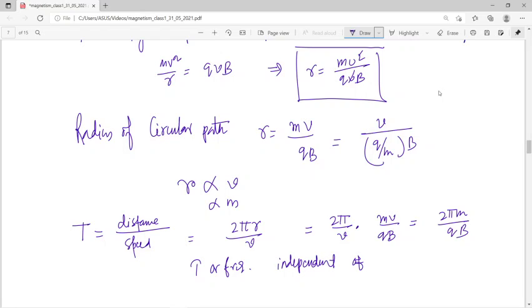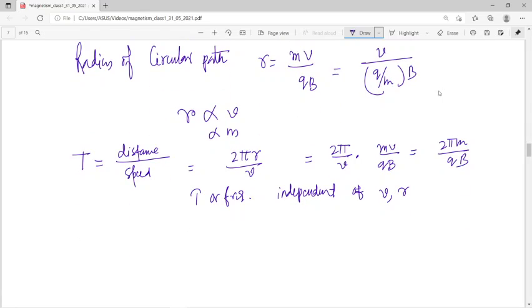It depends only on the magnetic field and the nature of the particle, and that fact is used to accelerate charged particles in a cyclotron or any particle accelerator, especially the cyclotron. We are using this particular principle in the cyclotron.